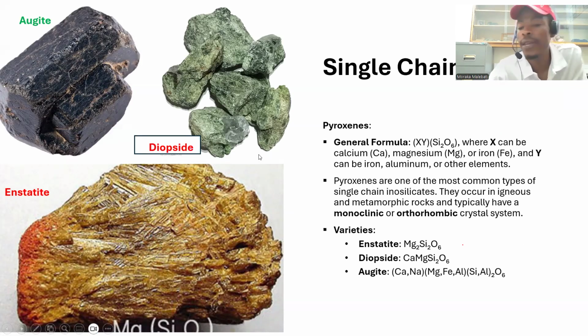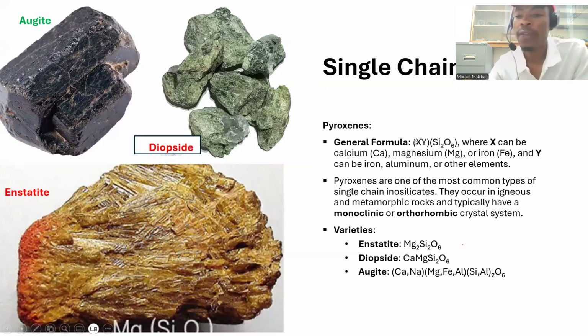With the pyroxenes, you can have enstatite, which is a magnesium-rich pyroxene, diopside, and also augite.